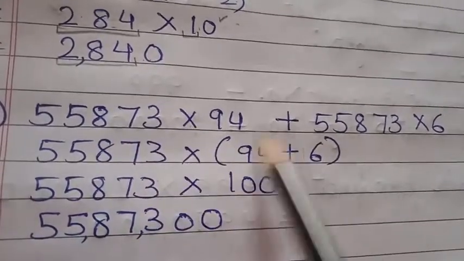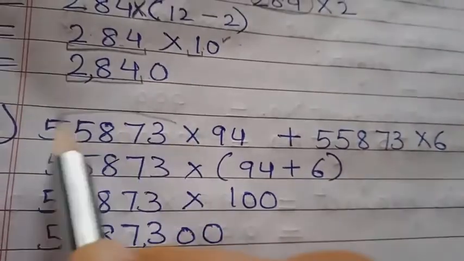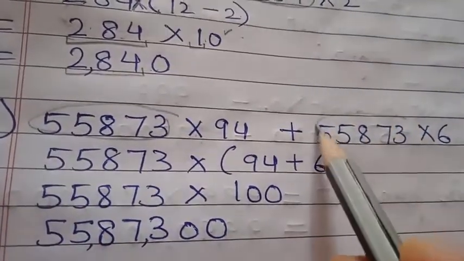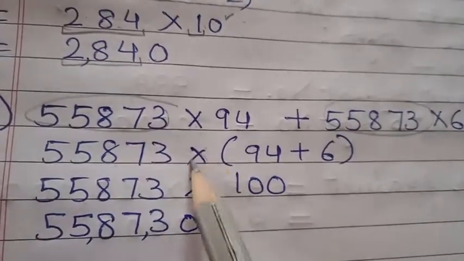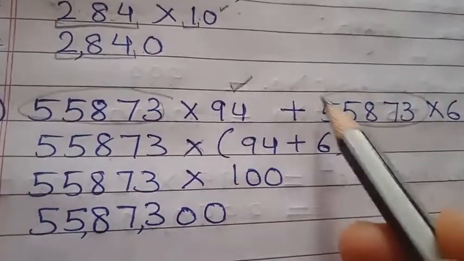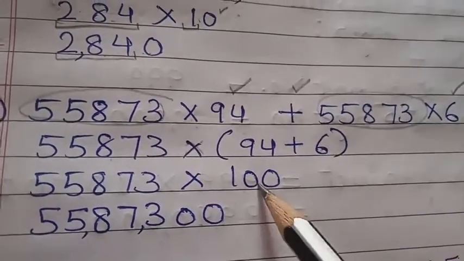Now next is 55873 multiplied by 94 plus 55873 multiplied by 6. In this you know 55,873 is common. So write it outside, multiply. What is left? 94, this plus, and this 6. So 94 plus 6 is 100.